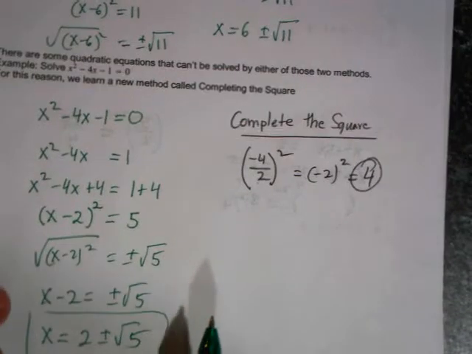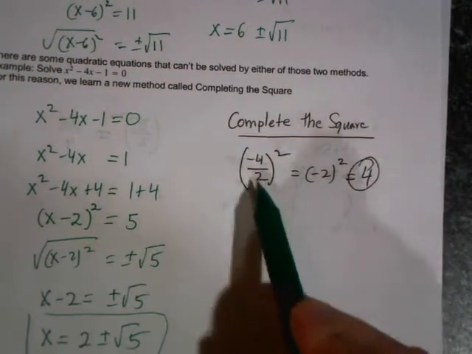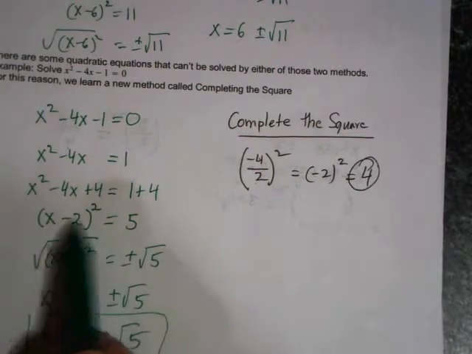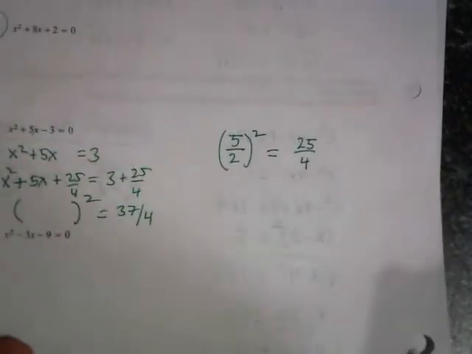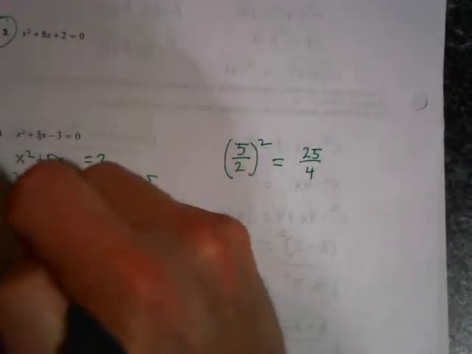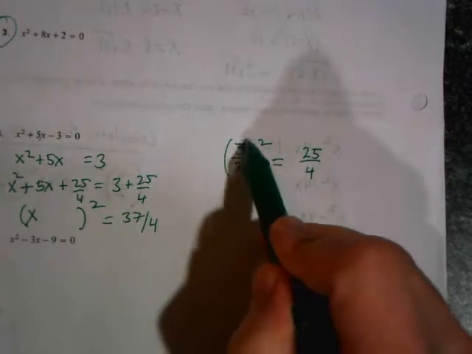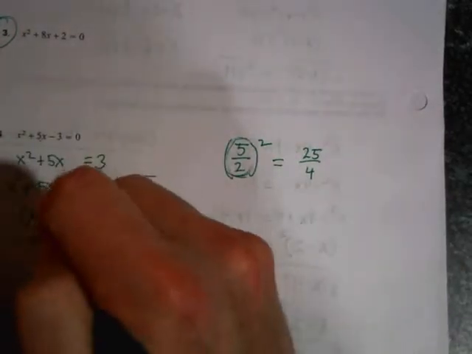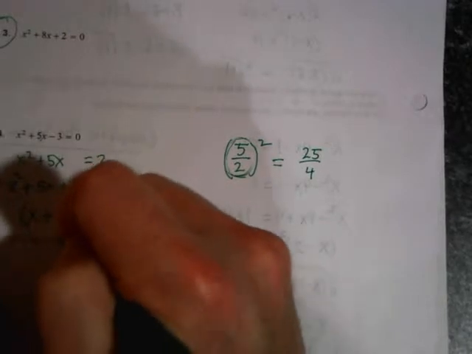Notice here, we did negative 4 divided by 2, that was a negative 2, and the number right there was a negative 2. So, the number that goes here is x, and then it's the number that you had right before you did the squaring. In this case, it's x plus 5 halves.